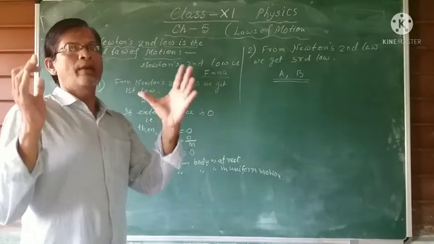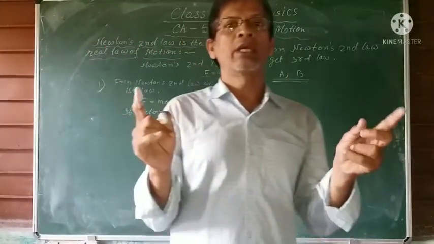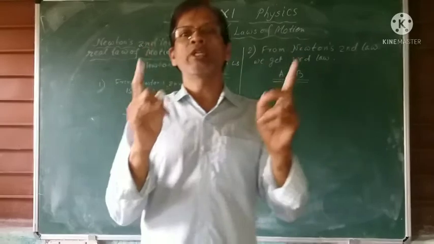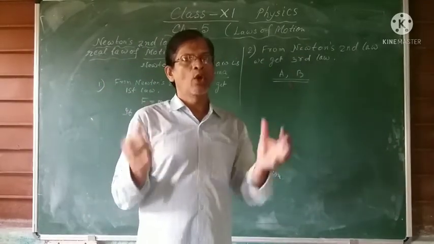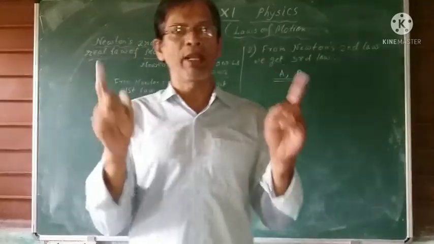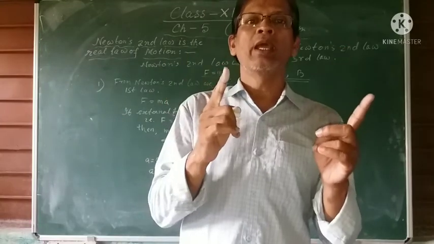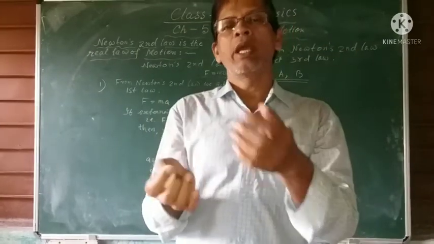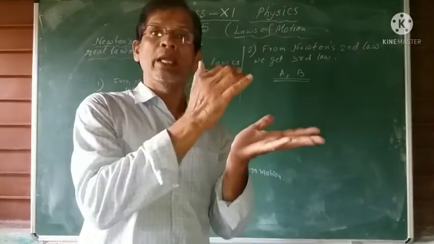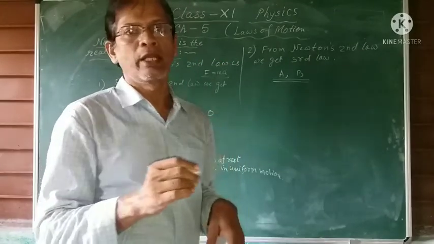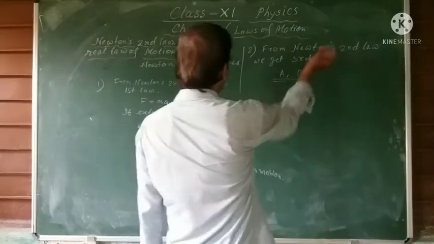So we have considered two bodies. These two bodies make a system where no external force is applied. Body A gives force to B and B gives force to A. This is the mutual interaction. So what can we write then?